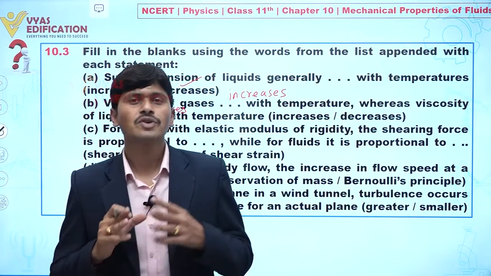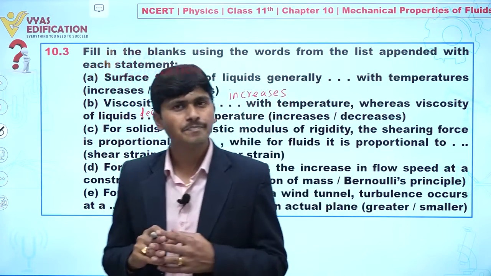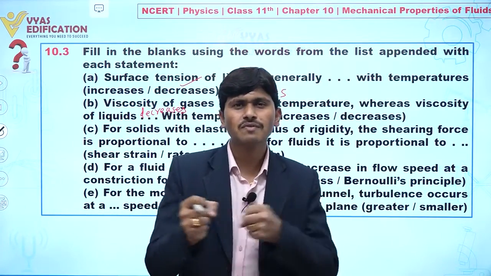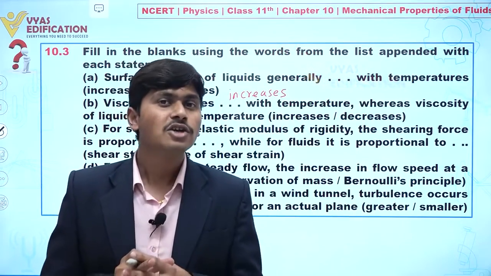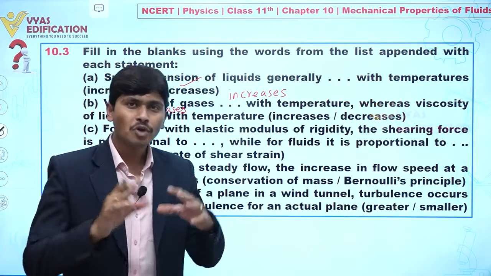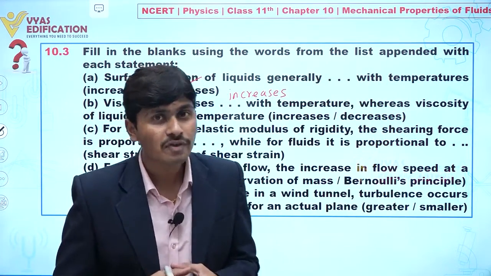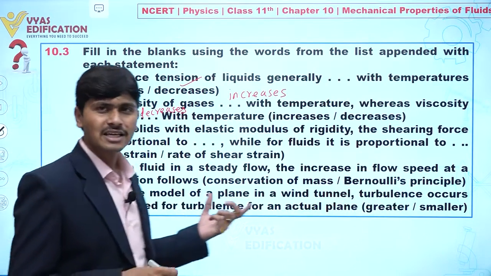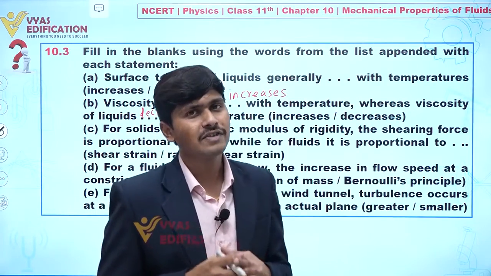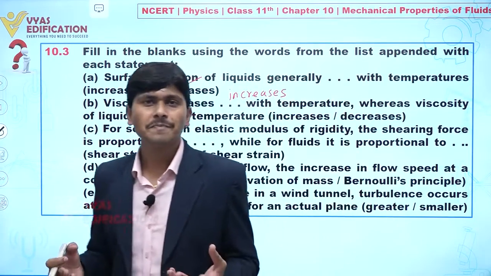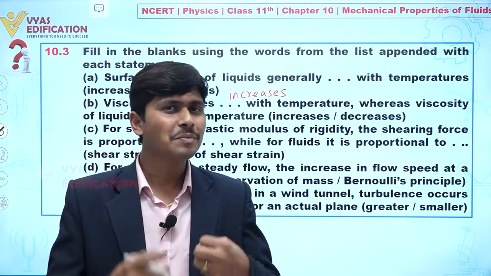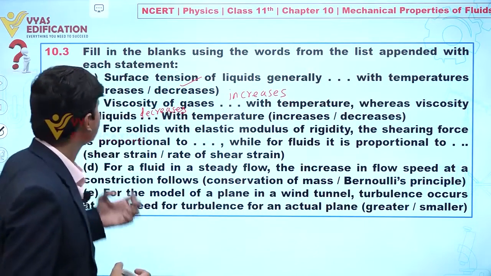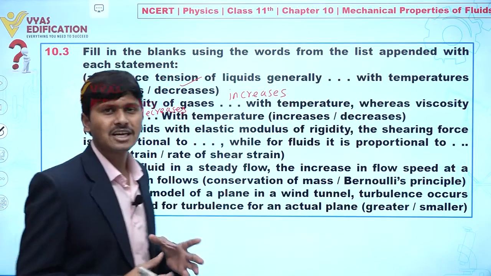Gas molecules have random motion, and as we increase temperature, the randomness of gas molecules increases. So the more the temperature, the more the randomness, and viscosity increases. But in a liquid, as you increase temperature, the bonding between liquid molecules gets weaker, and at that time the viscosity of the liquid decreases.